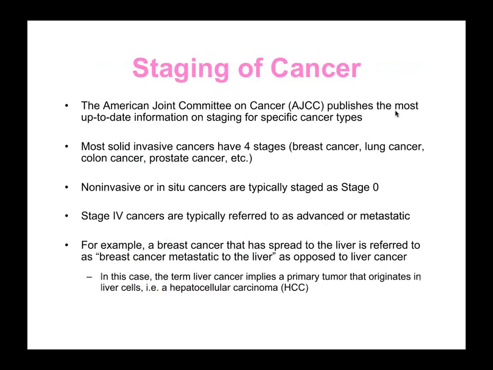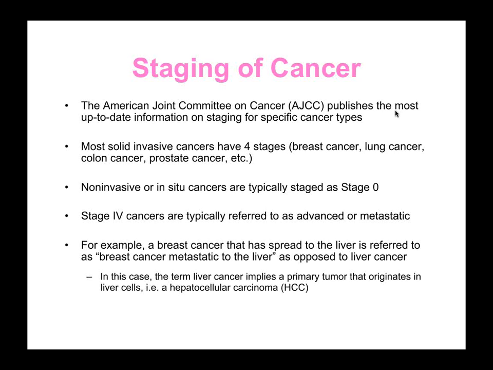So in terms of staging, it's important to know that the AJCC, or American Joint Committee on Cancer, publishes a manual with all of the most up-to-date information on staging for specific cancer types. This is reviewed by experts every several years with updates published regularly.